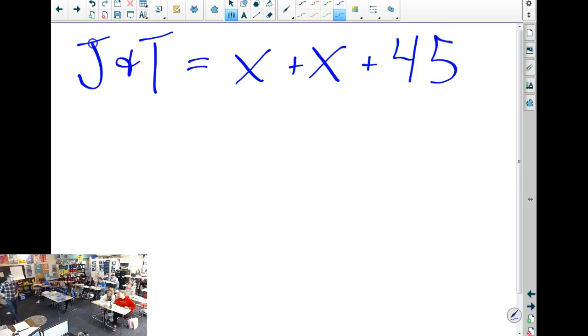Oh, that makes sense. If I'm writing out what the problem tells me, Jordyn and Teri both have a roll each, and 45 yards extra. They each have 1 roll, so an X and another X, or put those together and say 2X, and an extra 45.